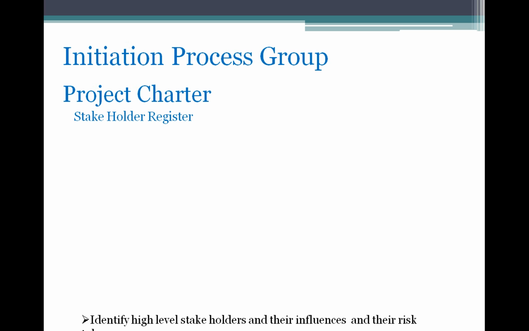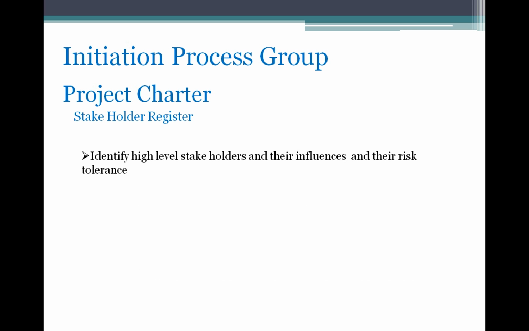The stakeholder register identifies the high level stakeholders, their influences and their risk tolerances. So he gets all the information about the stakeholders and prepares the high level communication management plan.